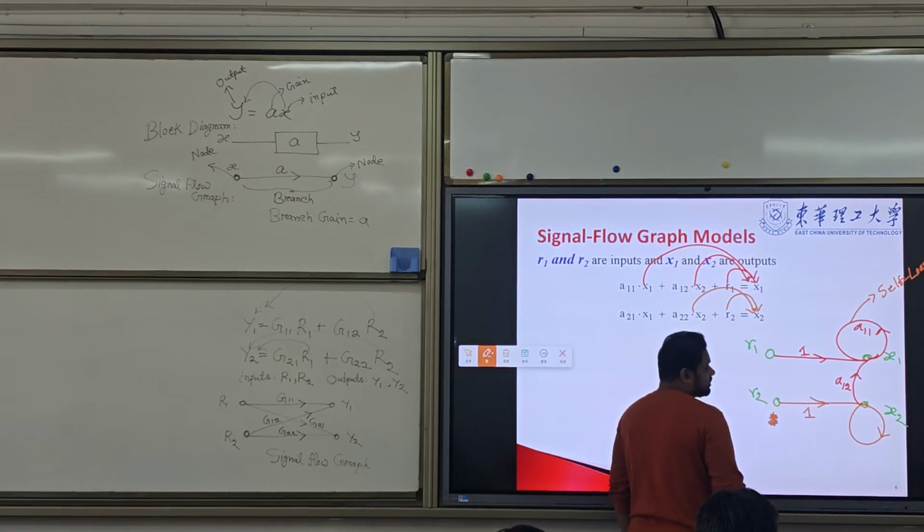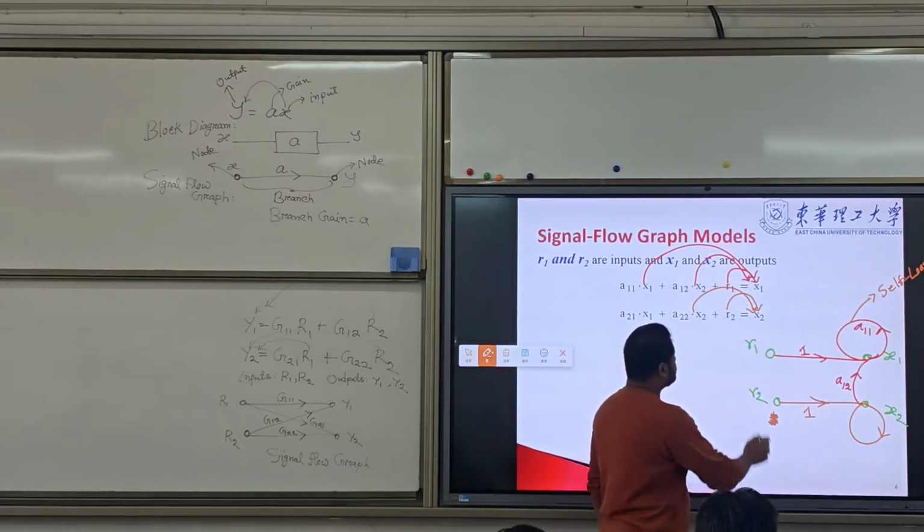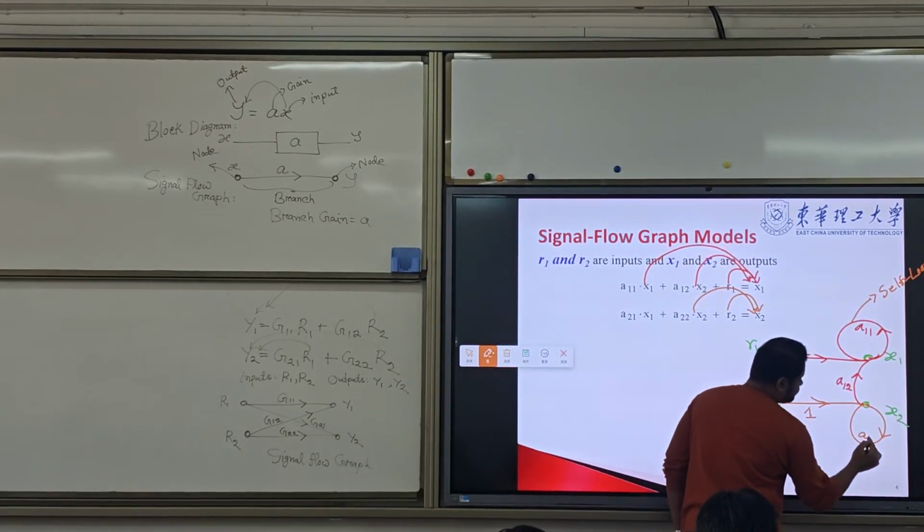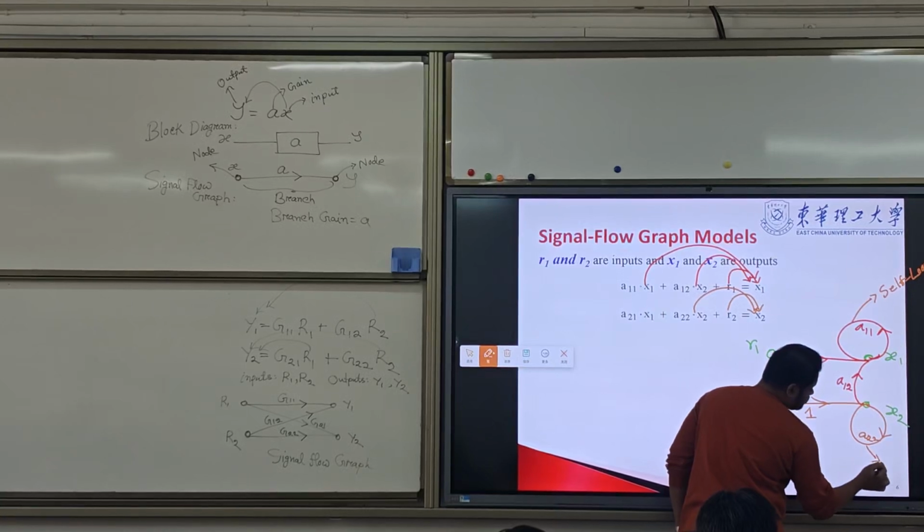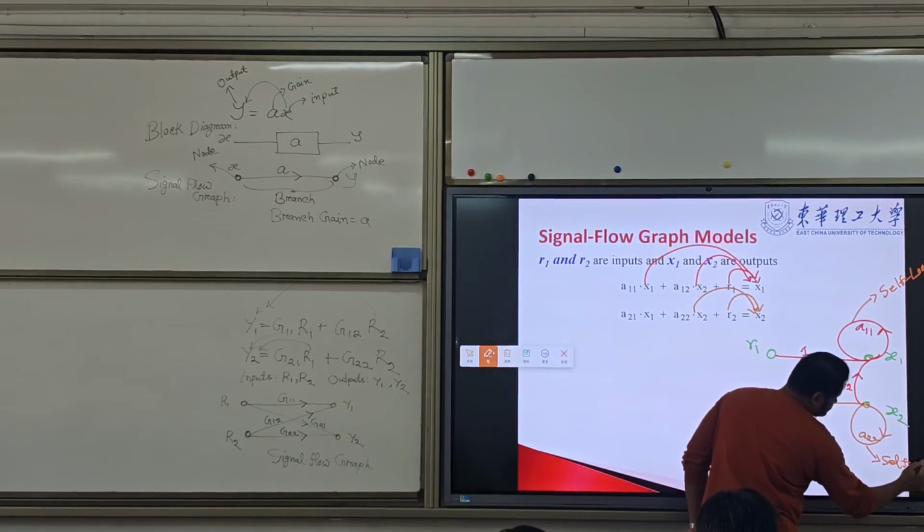That means it is also a self-loop with a gain of A22.